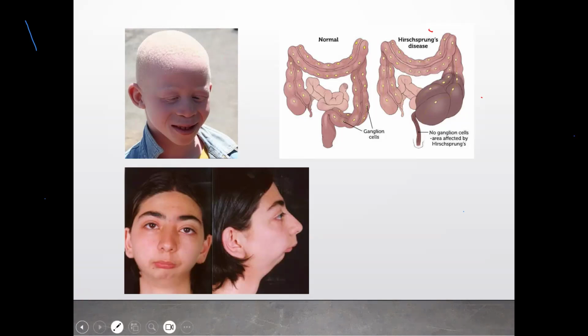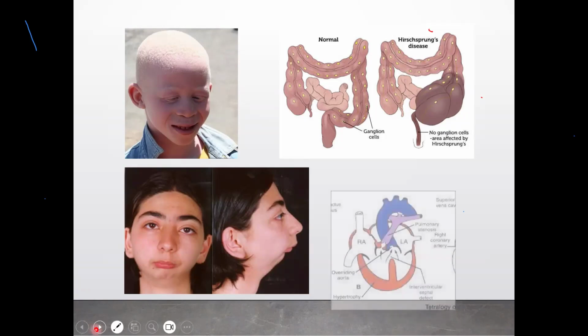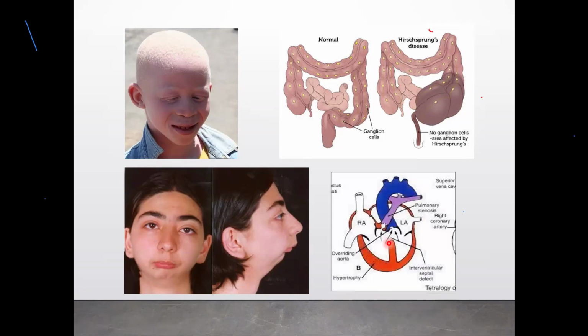Then for the other one, you can have this. So this is tetralogy of Fallot. This anomaly comes across due to absence of neural crest cells, so that you'll have abnormal septation of the great vessels and also of the atria.